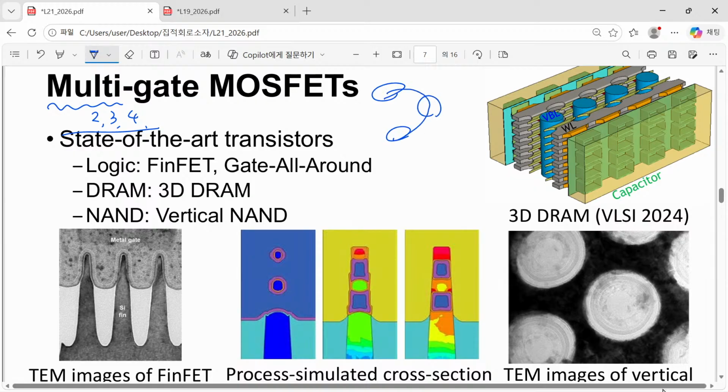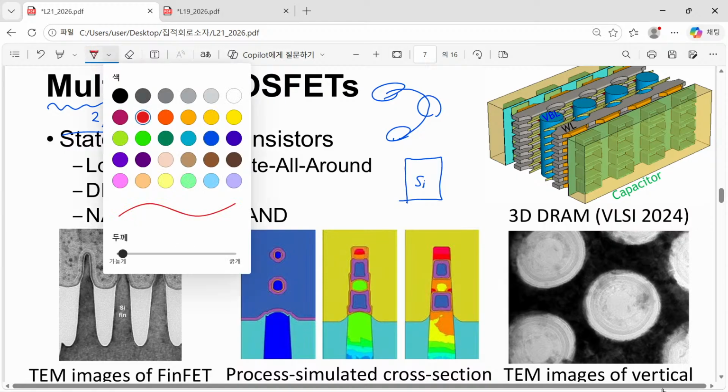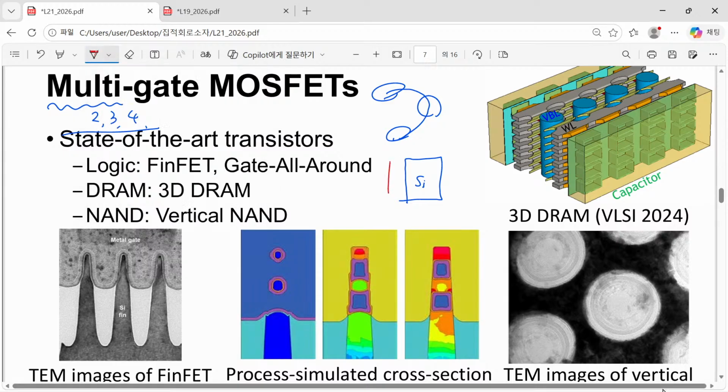They are all connected. But for example, when we have a certain silicon, and let's assume that this is just a rectangle, then if 2 faces are covered by gates, we say okay, there are 2 gates, so this is called a double gate.